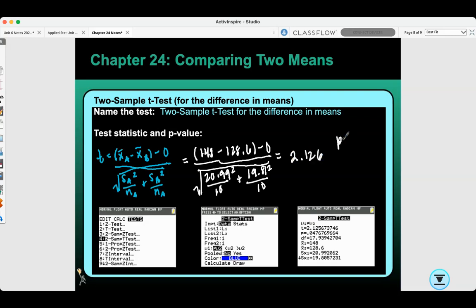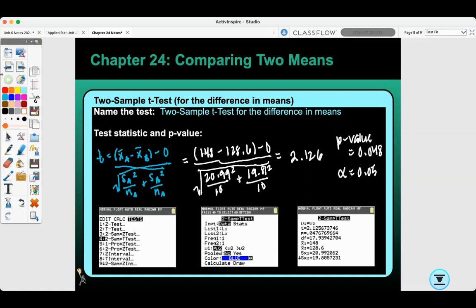And I want you to write down your p-value, and that equals 0.048. When they don't give you a significance level in the problem, we're going to use a significance level of alpha equals 0.05. That's a typical one that you use to decide whether or not we reject or fail to reject the null hypothesis.